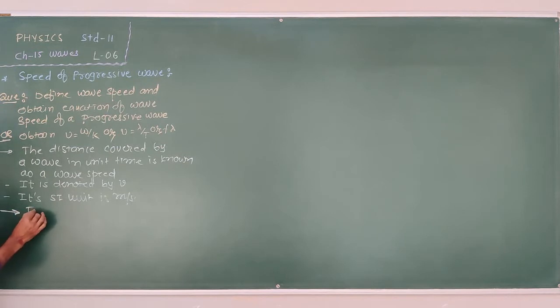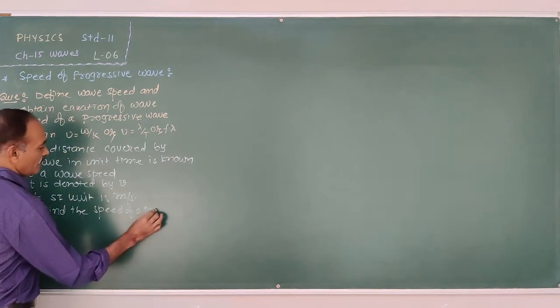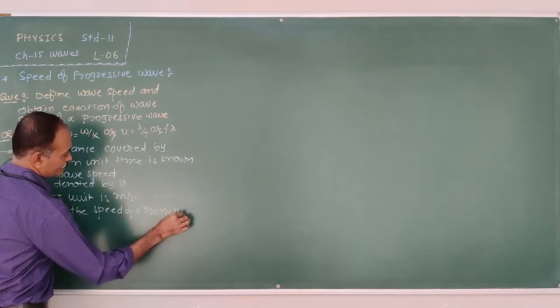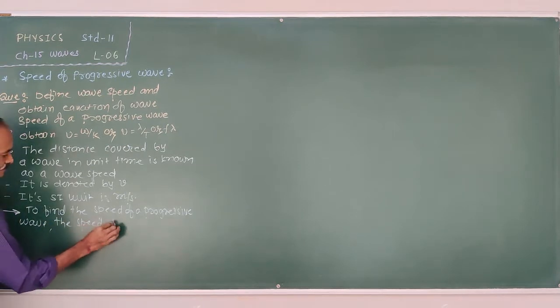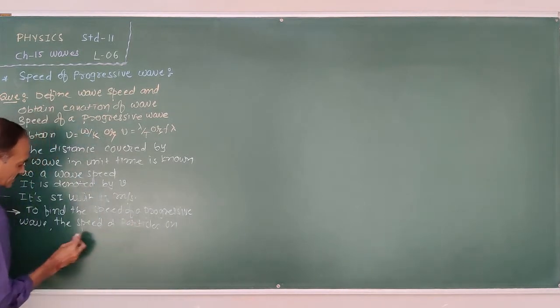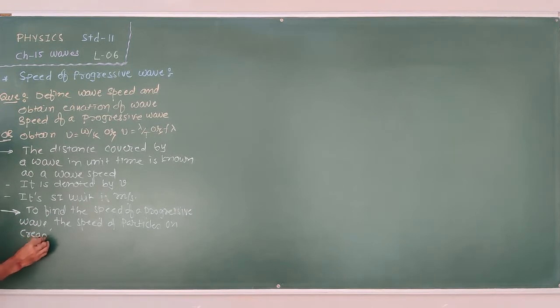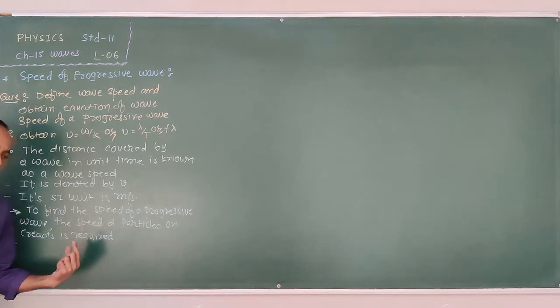Therefore, to find the speed of a progressive wave, the speed of a particle on the crest is required. For this, how do we find the speed of the particle on the crest of a wave?